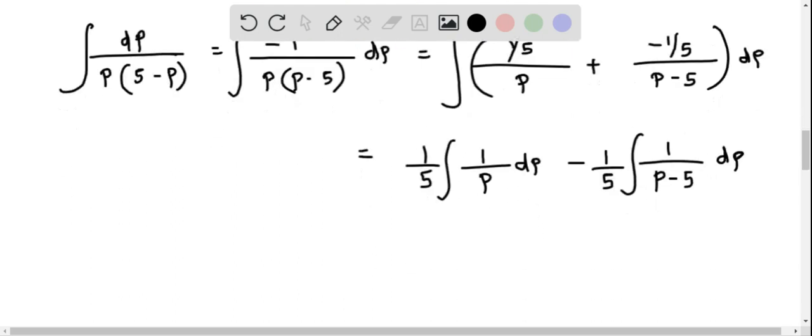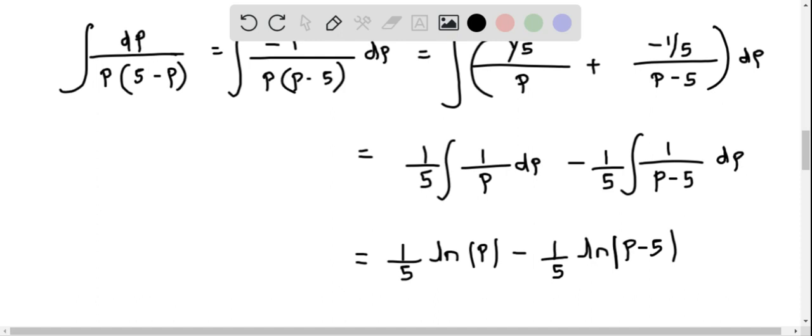Now we can integrate this according to the standard integral formula. This will be natural logarithm of absolute value of p, minus, this will be negative 1/5 natural logarithm of p minus 5.